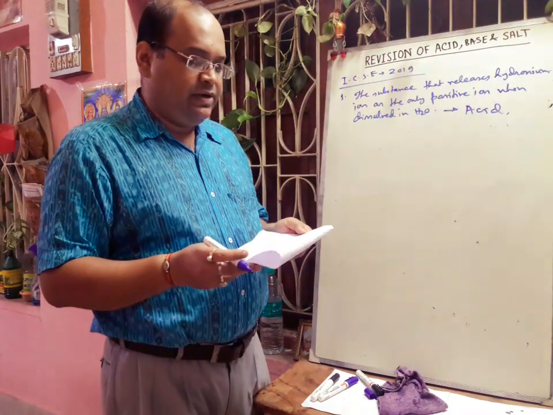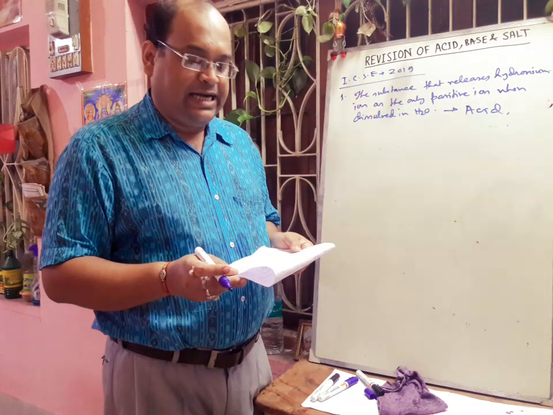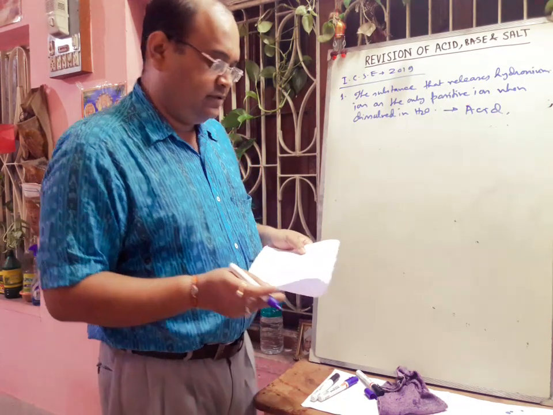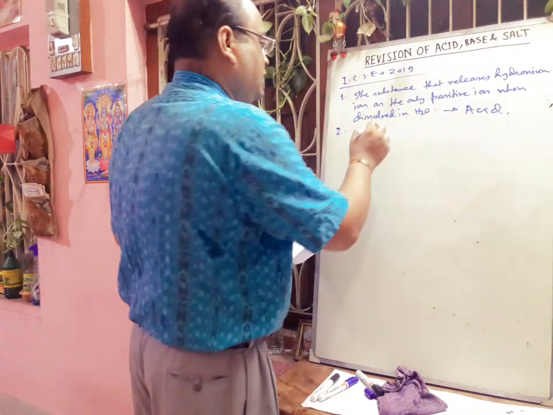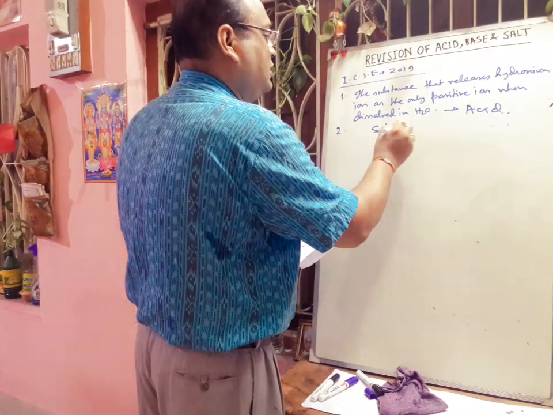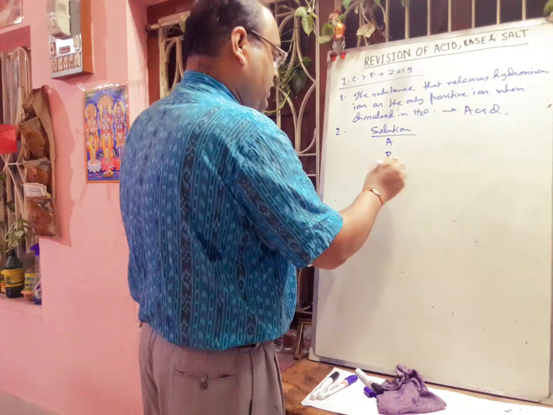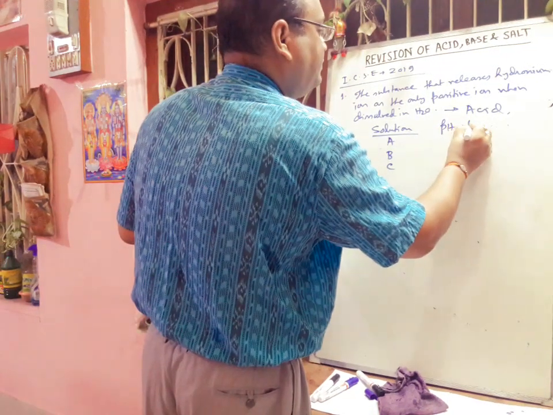Next, question number 2 is given. The pH values of 3 solutions A, B and C are given in the table, and answer the following questions. So in question number 2, a table is given. Here 3 solutions are there: solution A, solution B and solution C. So here pH values are given.